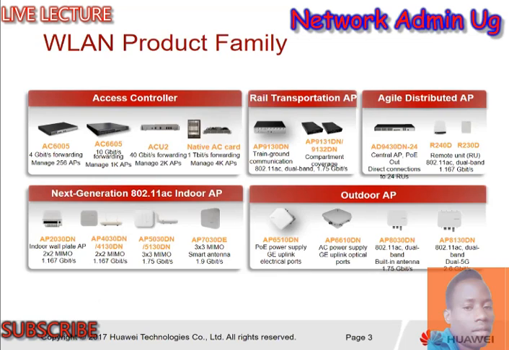There's another device which is the 6605. It can give you up to 10 gigabytes per second in forwarding mode. Okay, that's a good speed. But there is a monster access controller which gives you up to 40 gigabytes per second in forwarding mode, which is the ACU2. The ACU2 is much bigger in capacity for supplying, which gives you much better speed.